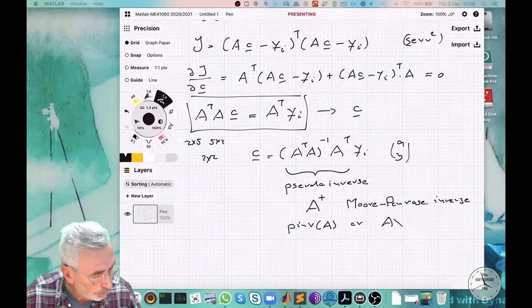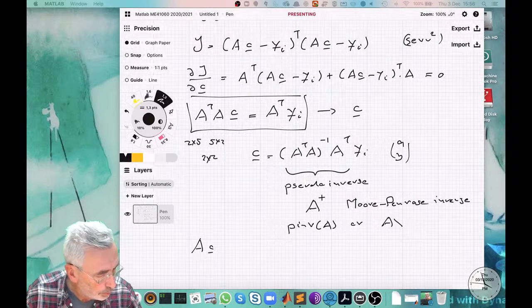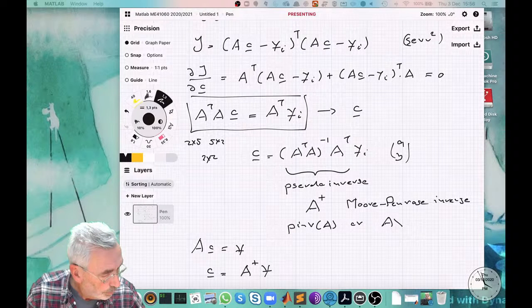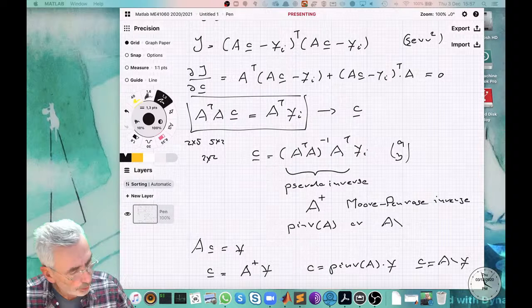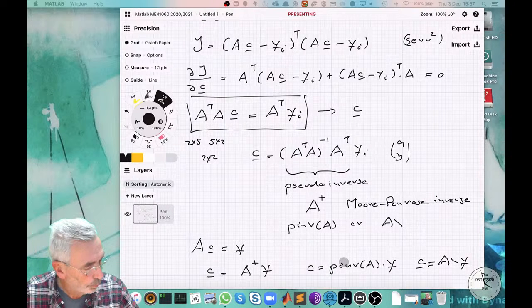So to be precise, if you have this set of equations, A C equals Y, then you can say C is A plus times Y, or C is pinv(A) times Y, or C is A backslash Y. Well, the A plus you cannot do in Matlab, but these are two Matlab statements.